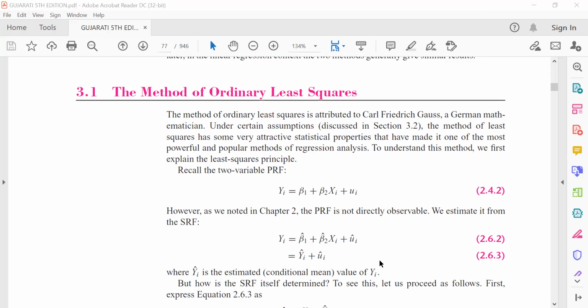The difference between the actual value of samples and the predicted value of the equation is the residual. This is the residual in equation 2.6.3. This y hat is the estimated conditional mean value of Yi. Yi is a sample, the value of the sample.